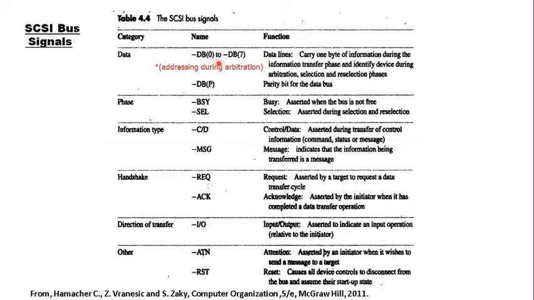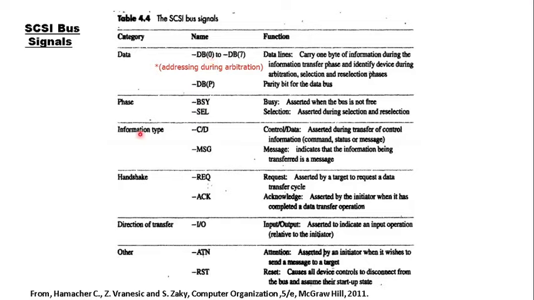Whenever that device activates its DB line, it means that device is trying to show its identity for either an arbitration process or some reselection process. So in the SCSI protocol, devices won't be given any addresses; they show their presence by activating the corresponding DB line which they control.